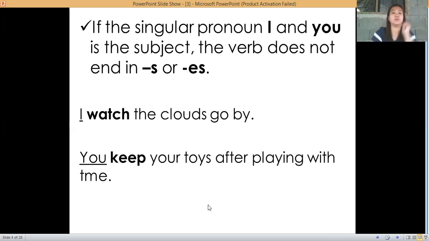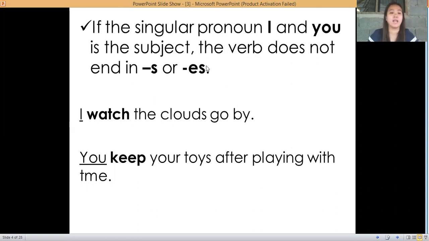Next, number 2. Second rule is, if the singular pronoun is I and you, the subject is the subject. If the singular pronoun I and you is the subject, the verb does not end in S or ES, because I is singular and you is singular, but if they are the subject, you are not going to add S or ES in our verb.